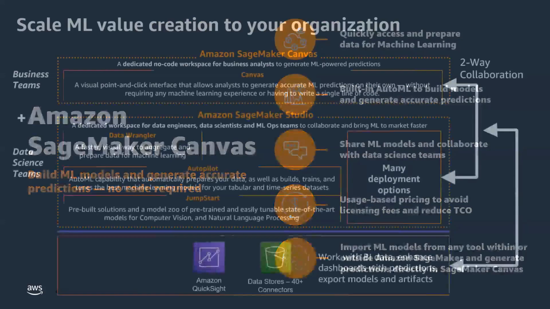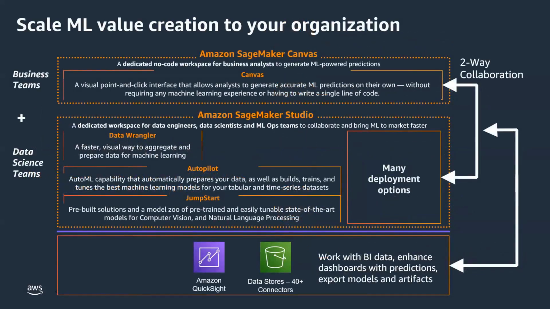When we talk about scaling that value of machine learning across the organization, there's a lot to be said for the ways these different services collaborate with one another. So with no-code predictive analytics, it makes it easy for business users to use data scientist models or for data scientists to make changes on the models analysts build.